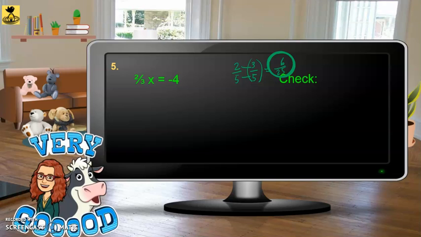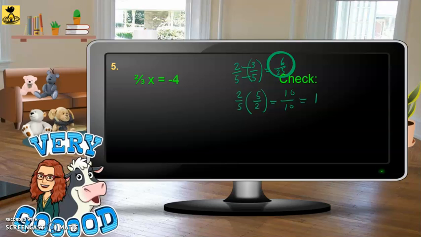So I want you to observe this one. If we have, for example, 2/5 times 5 halves. So we know that 5 halves is just the reciprocal of 2/5. If we multiply them, 2 times 5 is 10, and 5 times 2 as well is 10. And 10 divided by 10 is 1.